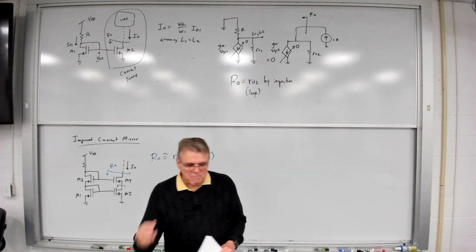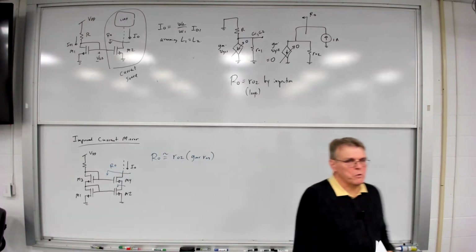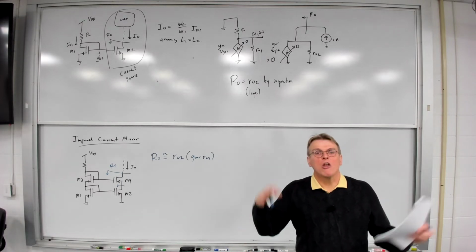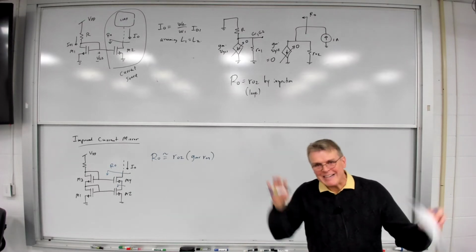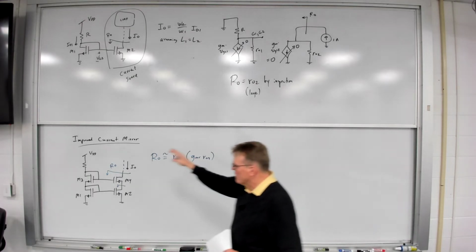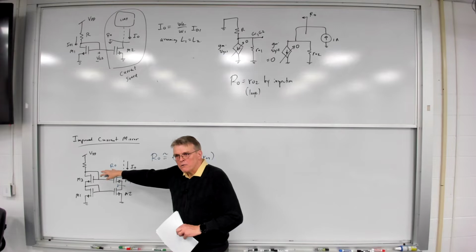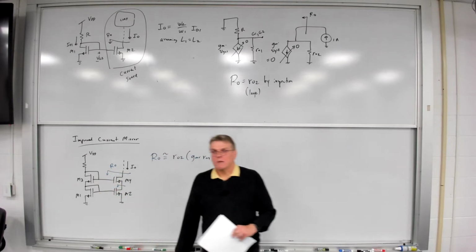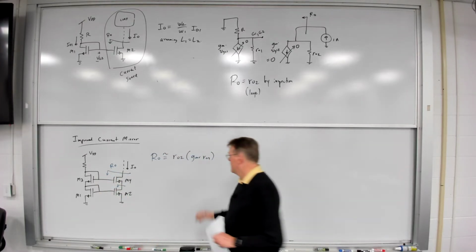So now I've got a much improved current source that has now a much, much larger output resistance. It's more ideal. It more closely resembles an ideal current source. But of course, the assumption here you have to keep in mind is all these transistors have to be saturated.